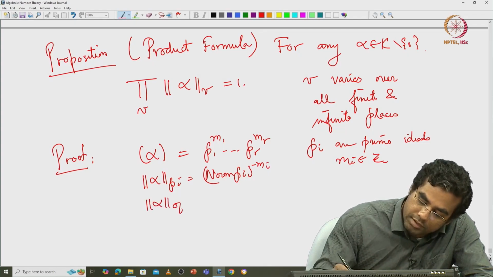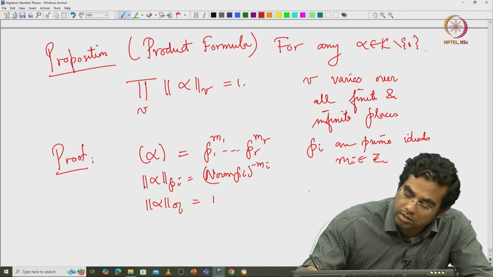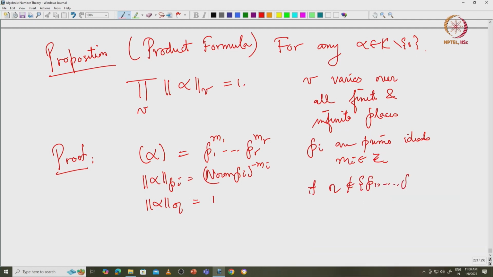Valuation of alpha with respect to any other Q is just 1 if Q does not belong to P1 up to PR, okay, and product over V varying over infinite places, this valuation of alpha is equal to norm from K to Q of alpha, I mean element alpha, not the ideal alpha. So, let me write it like this.